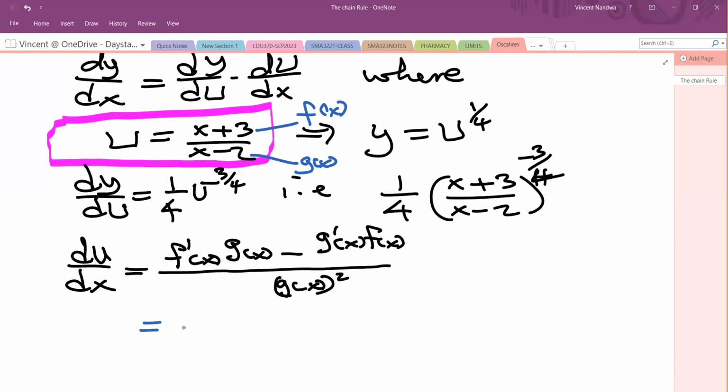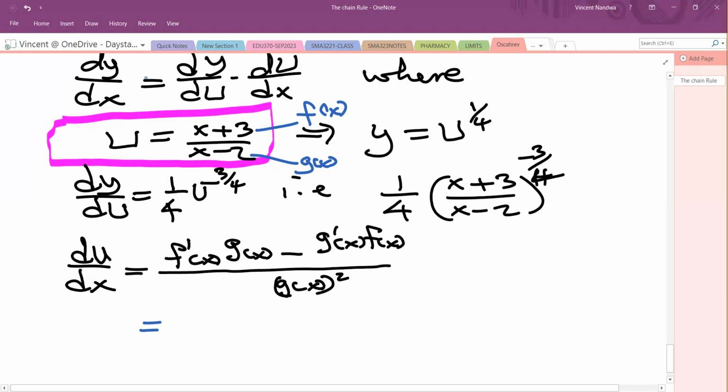Haya, utapata ngapi? Sasa jibu ni nini finally? F prime.